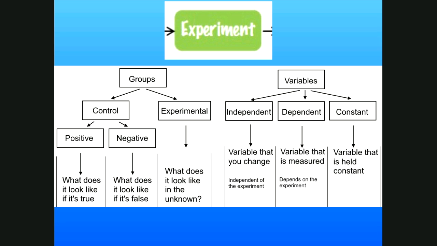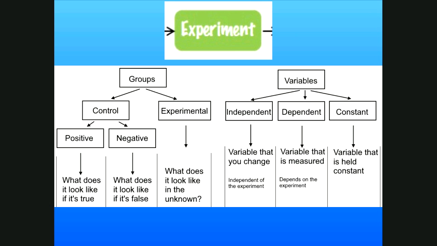When you're looking at the groups, there are 2 sets of groups you've got to be thinking about. One is the control group. That tells you what it looks like when it works, when it's a positive result. In our case, we're looking for a color change. In the positive case, you see the color change. In the negative case, you don't see the color change.